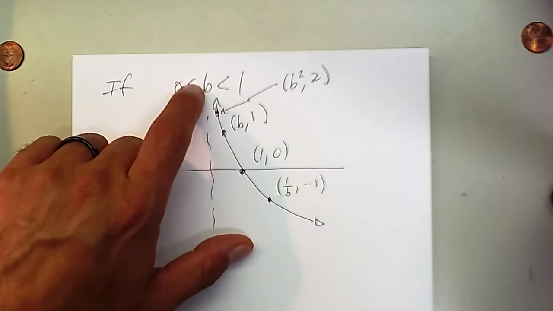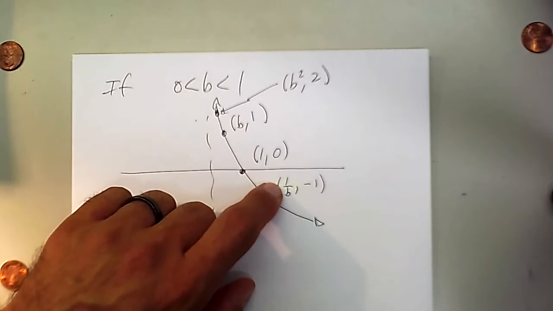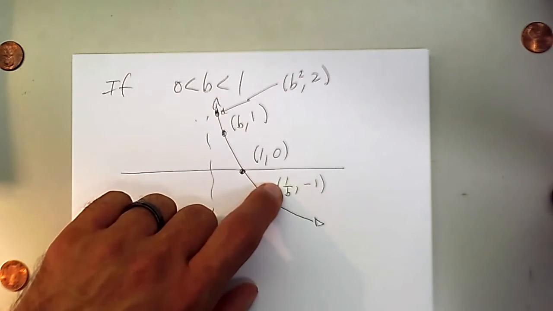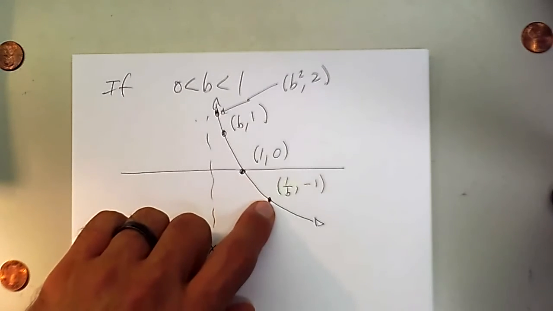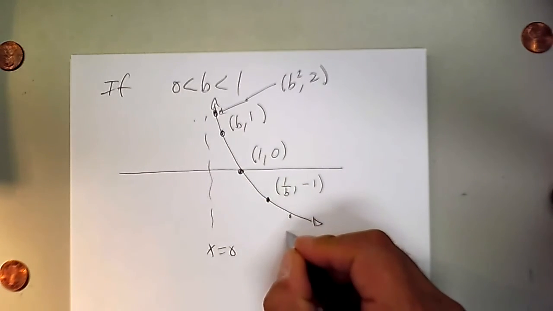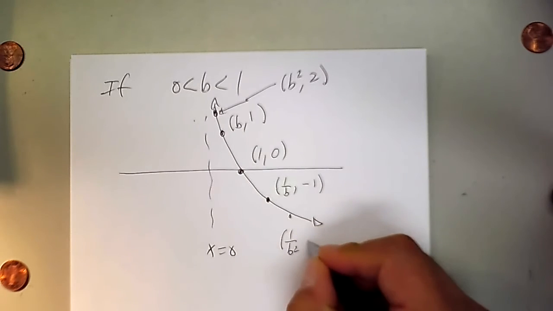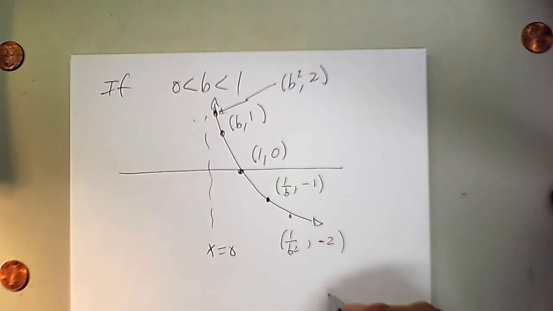If a number is small, its reciprocal is big. And what do we mean by big? Anything that is bigger than 1 is considered big. So this is bigger than 1. And then 1 over b squared is going to be even bigger. 1 over b squared, and the output is going to be negative 2, and so forth.